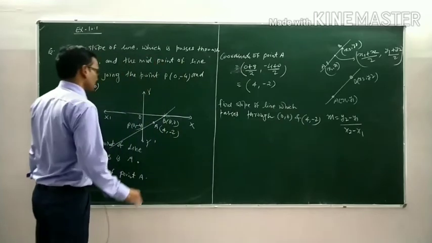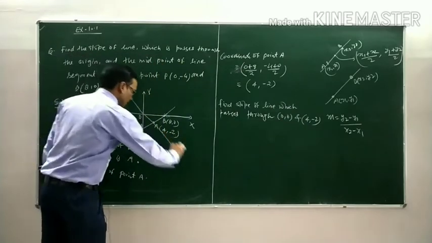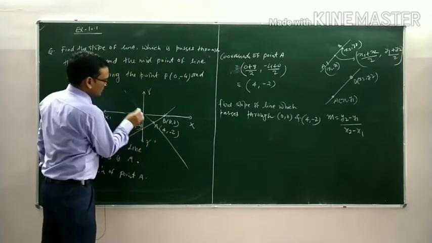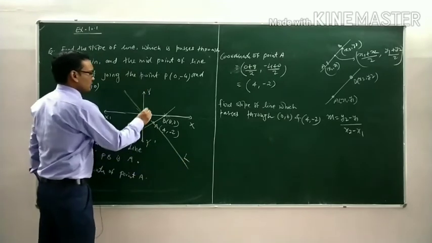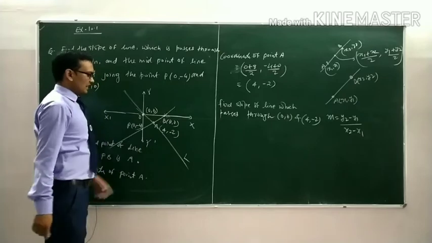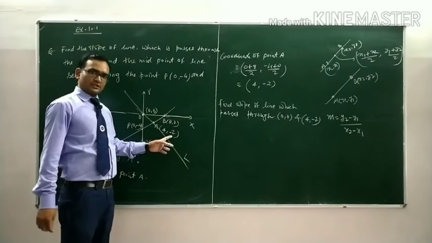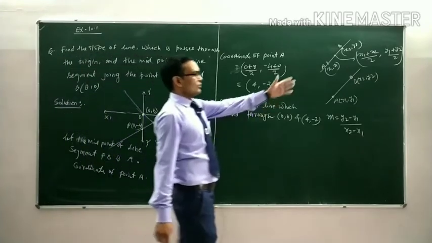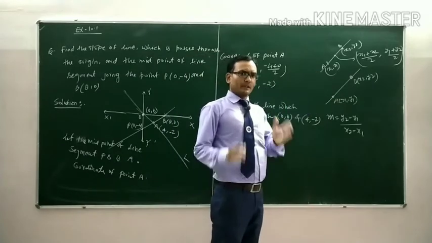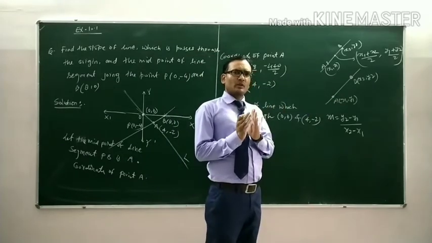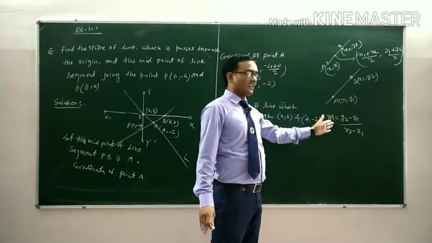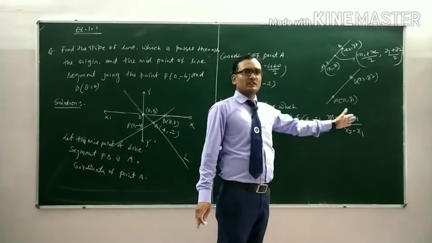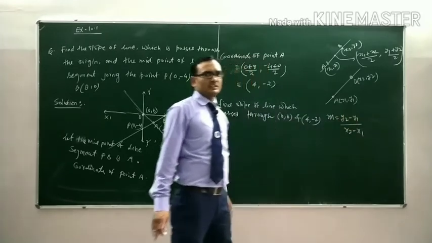Okay students, here we find the slope of the line L. The line passes through (0, 0) and (4, -2). If a line passes through 2 points (x1, y1) and (x2, y2), then the slope of this line is m equal to (y2 minus y1) upon (x2 minus x1).